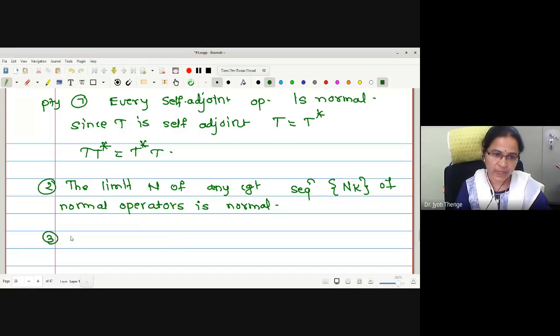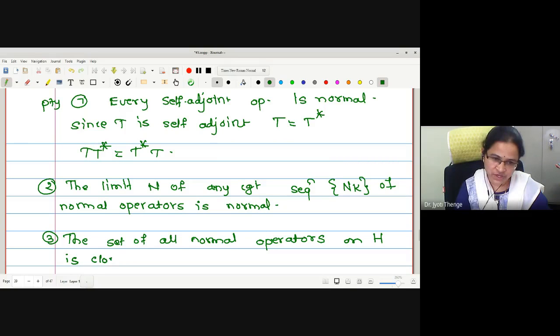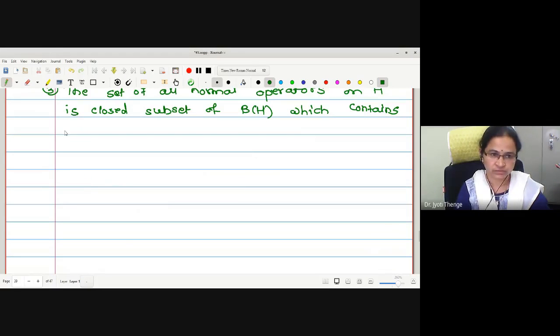Property number 3: the set of all normal operators on Hilbert space H is a closed subset of B of H, which contains the set of all self-adjoint operators.